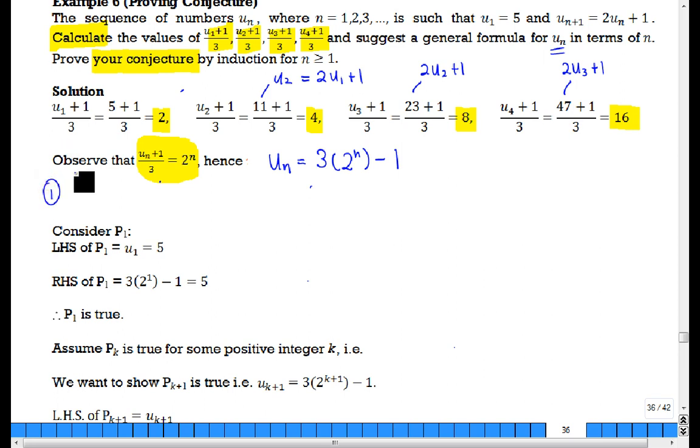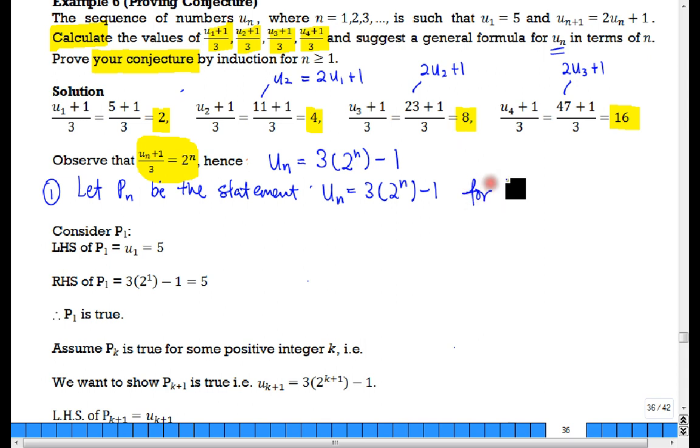Step number 1, let Pn be the statement. What's the statement? What is it that we want to show? We want to show this explicit formula Un equals to 3 times 2 to the power n, minus 1, for all positive integers n.